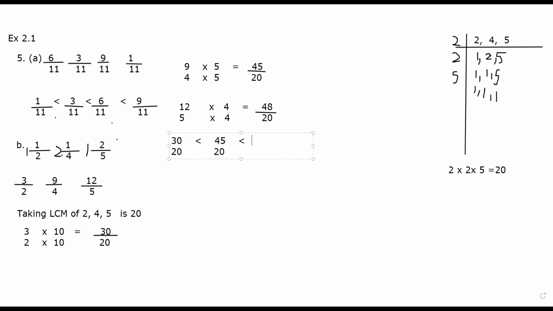Then after that 48 upon 20. You can see that this is the answer that we can write.